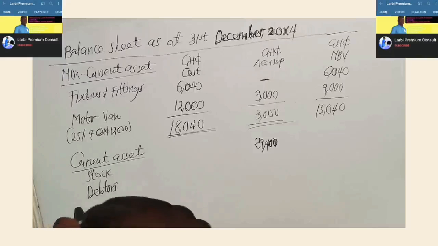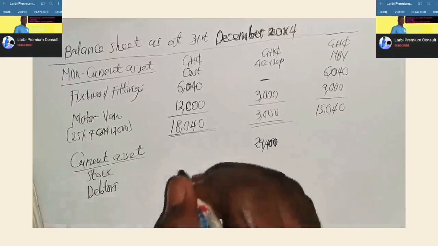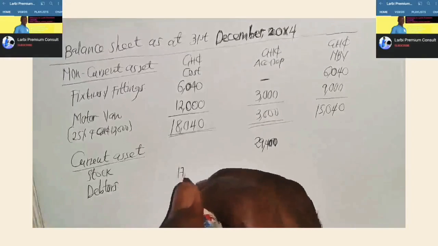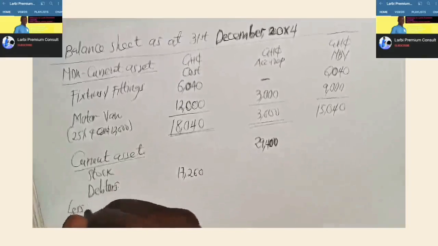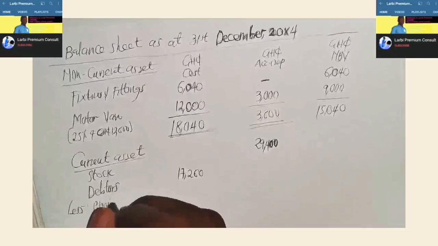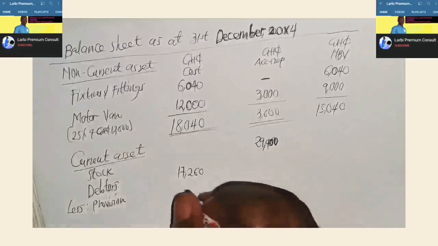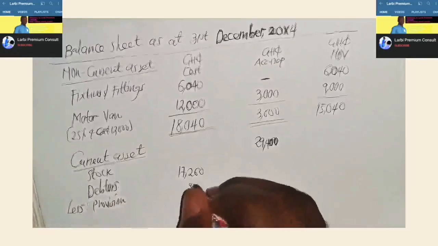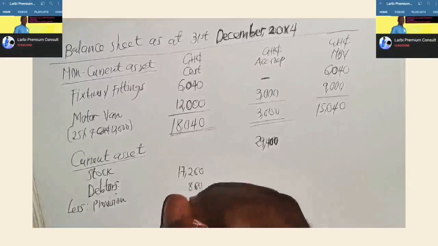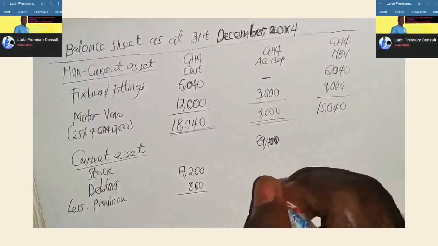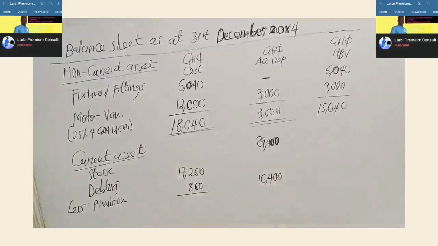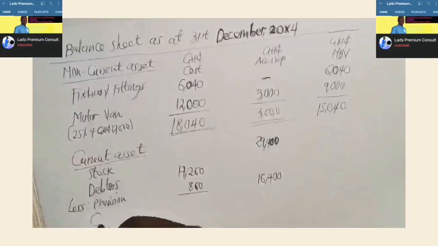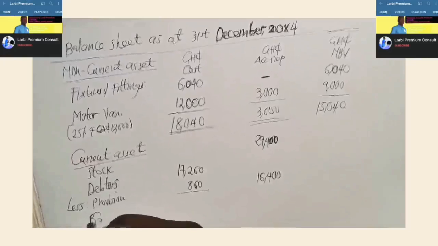So 17,260, less my provision for bad debt, which was 860. Once I subtract it, the remaining balance I'll bring here, which is 16,400. I hope that is clear. All right, then there was cash. So we continue with bank rather. Let's move in that order.